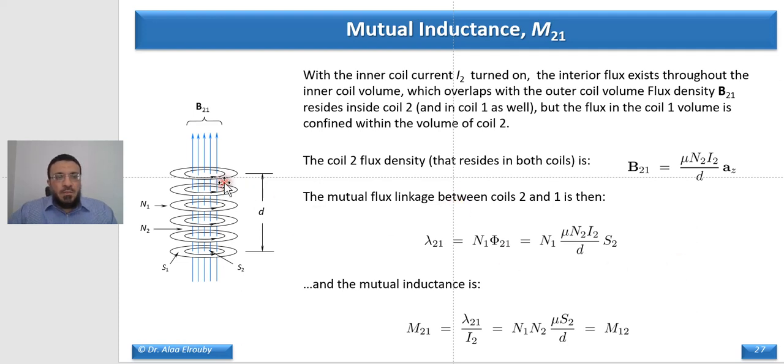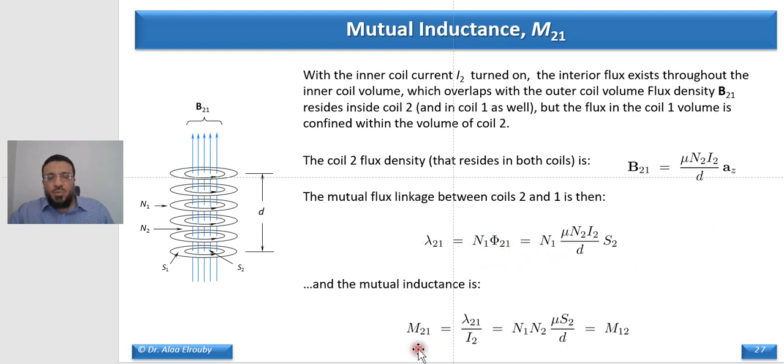The field caused by coil 2 exists only on S2, so there is no field outside S2. The field generated by I2 has this expression. We have seen this a couple of times now. And the linkage to coil 1 equals N1 phi 21.